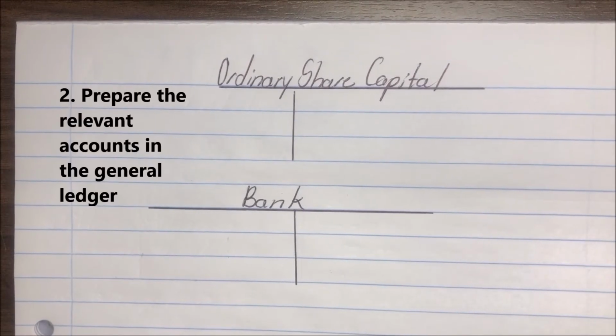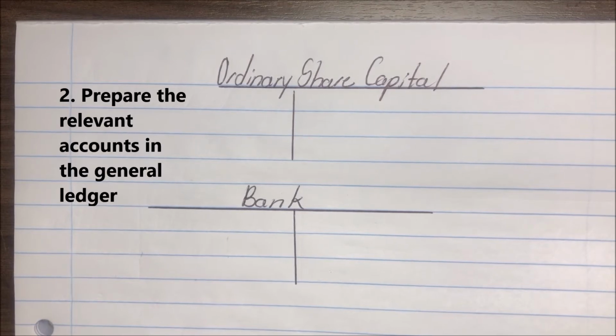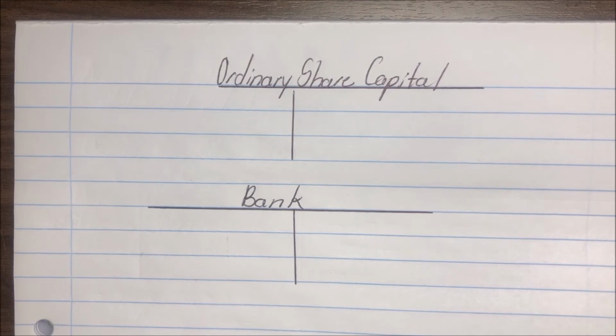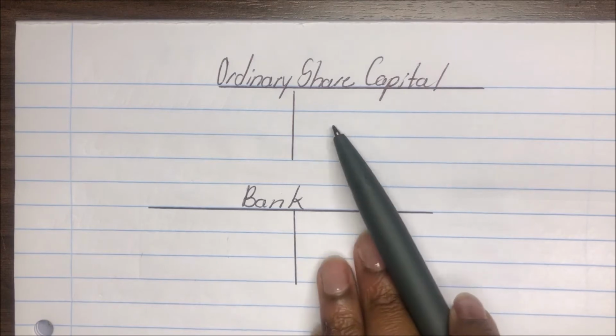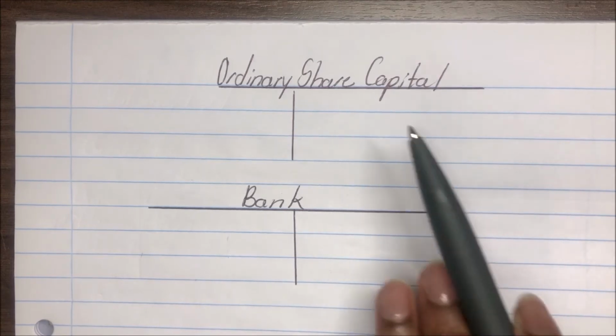We now move to required number 2, where it reads that we need to prepare the relevant accounts in the general ledger. We need to firstly understand that every debit has its corresponding credit. Starting with the ordinary share capital account, this is an equity account, meaning it will increase on the credit side and decrease on the debit side.